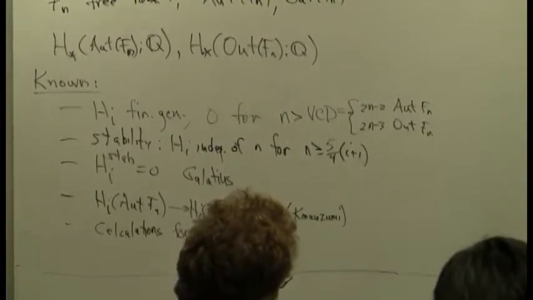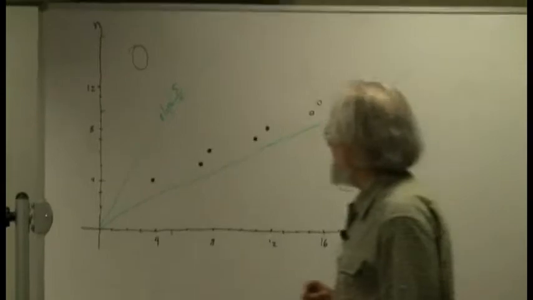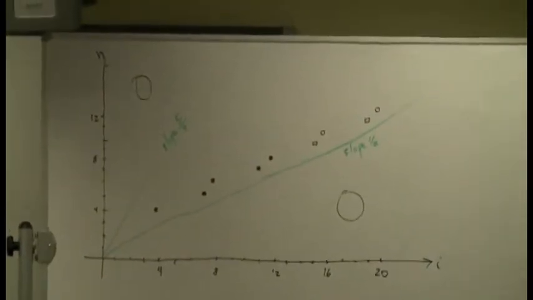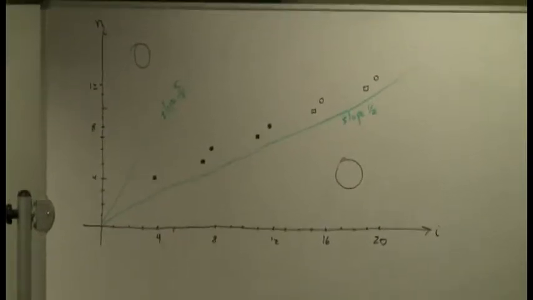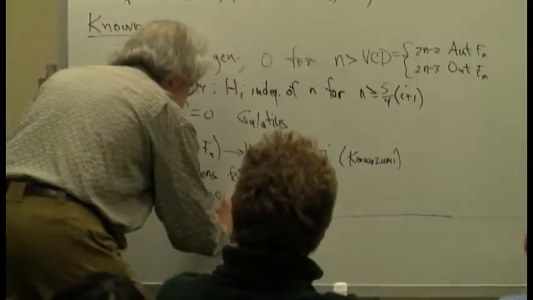So this chart shows all the known non-zero classes. There aren't many. These are the ones that come just from the computer calculations.